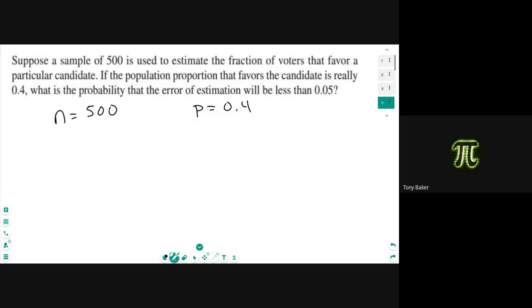Okay, so now the next thing I can find once I have those two pieces is my mean and my standard deviation. So find me my mean and my standard deviation.